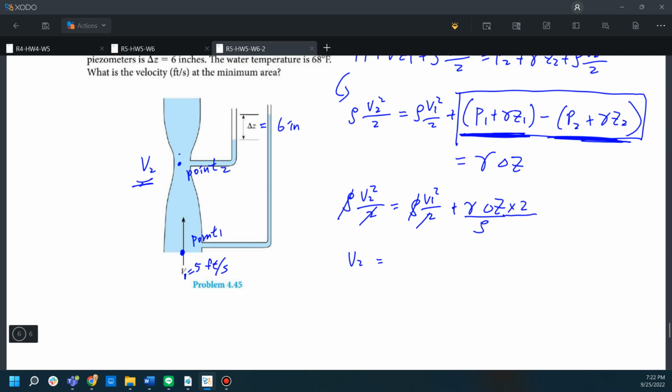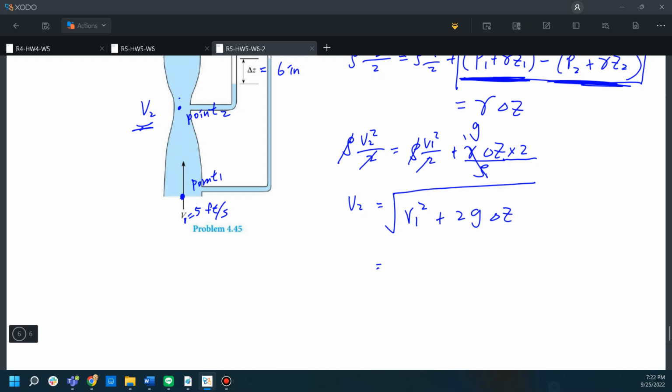Okay, so this will be V1 squared plus, and let me rewrite this. Gamma divided by rho is g, because gamma is rho times g. So this becomes 2g delta z. Cool.